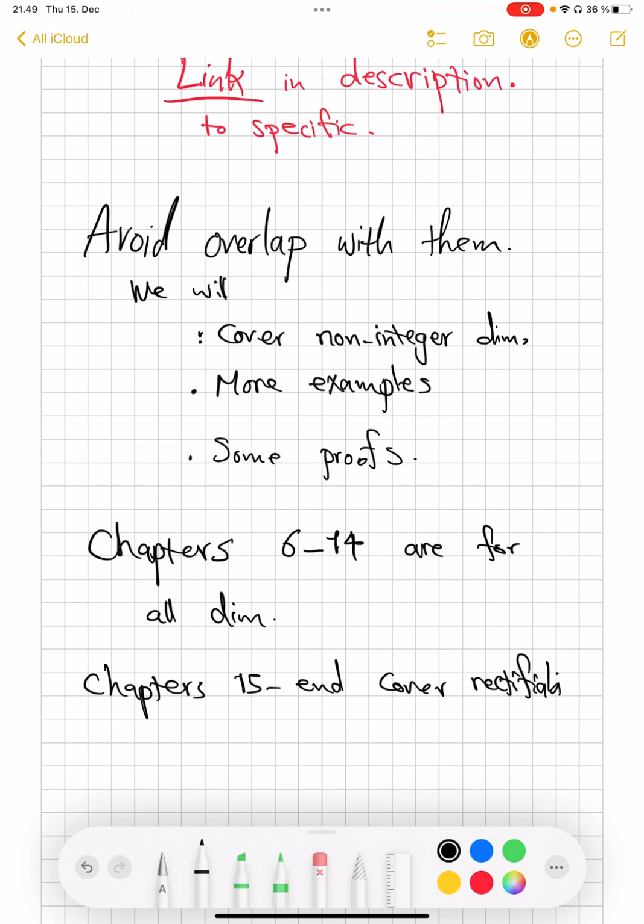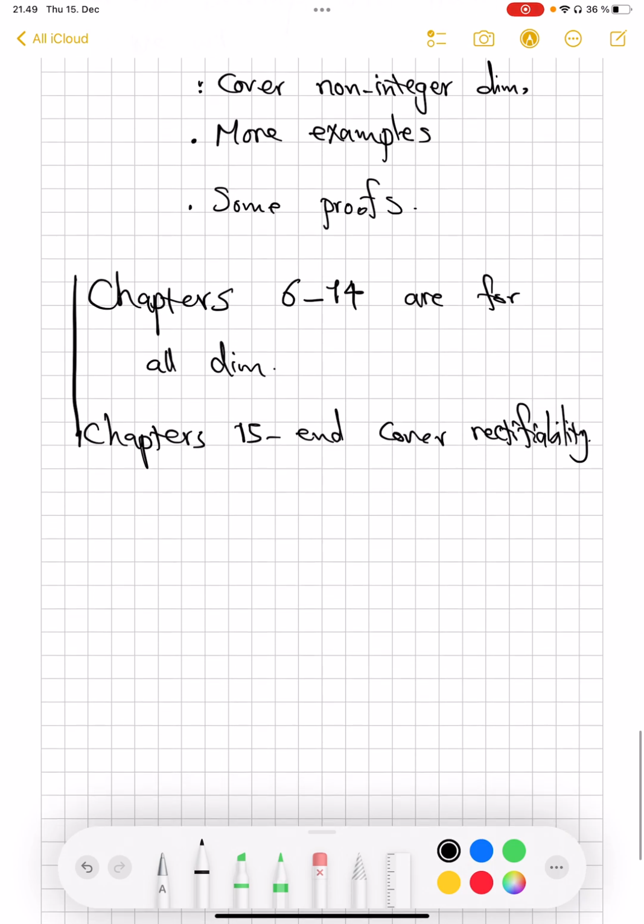So it's limited to the integer case. So that is the structure of the book by Mattila, Geometry of Sets and Measures.